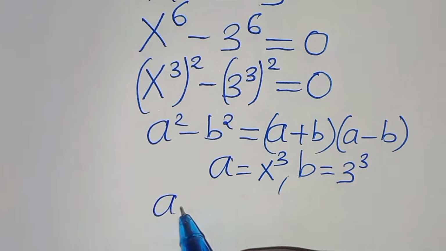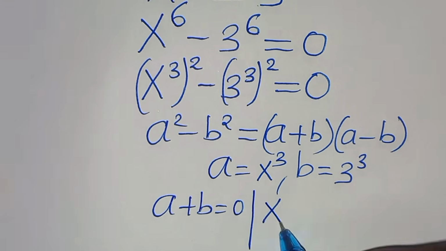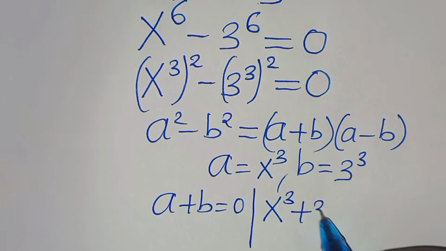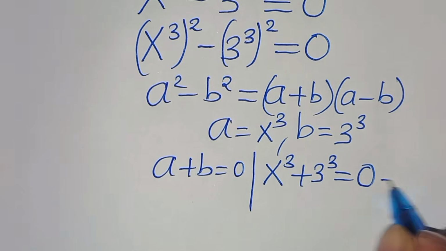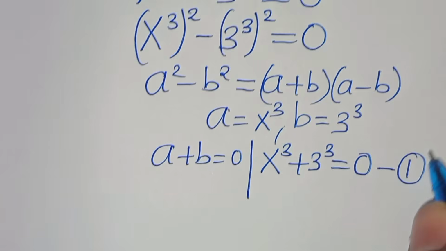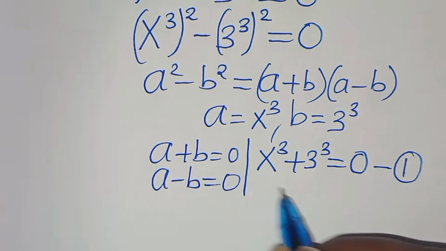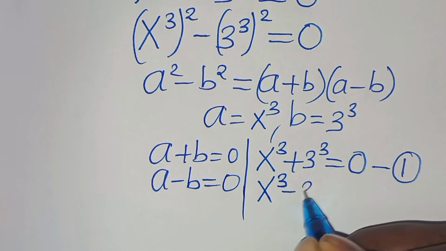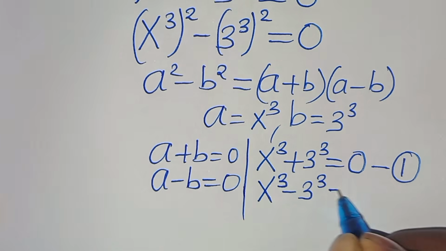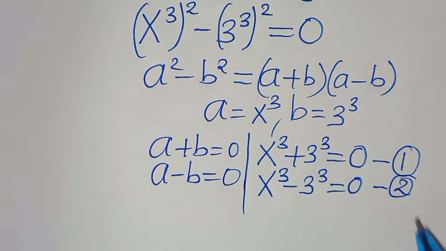So a plus b equal to 0 is the same thing as x to the power of 3 plus 3 to the power of 3 equal to 0. Let's call this equation 1. And we have that a minus b equal to 0, which is x to the power of 3 minus 3 to the power of 3 equal to 0. Let's call this equation 2.